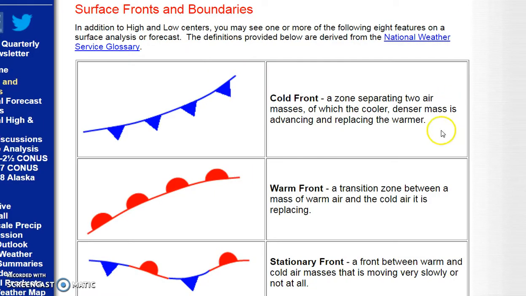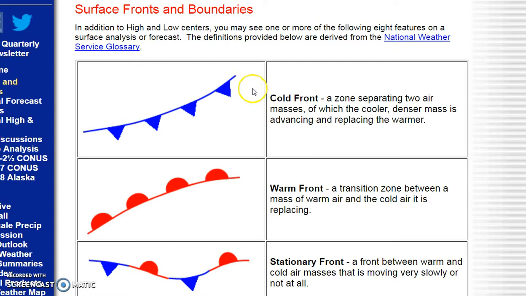All right, a cold front is going to look like this, and it's a boundary line. Okay, a front is just a boundary separating two air masses. Okay, it's called a cold front because it's the colder air that is advancing or moving and pushing the warmer air out of the way.